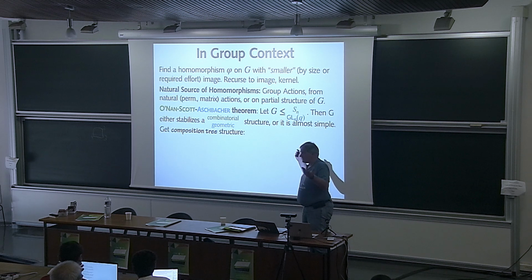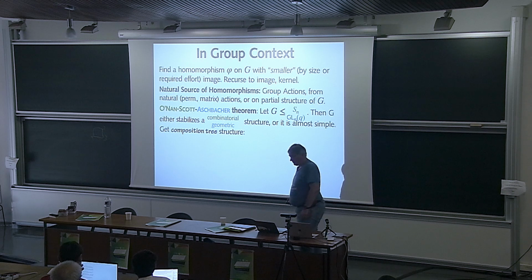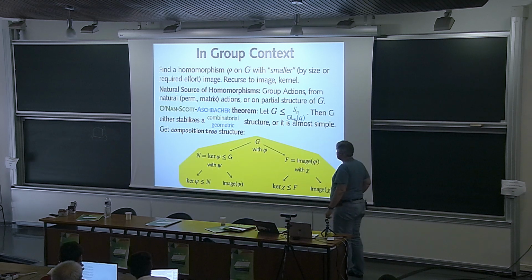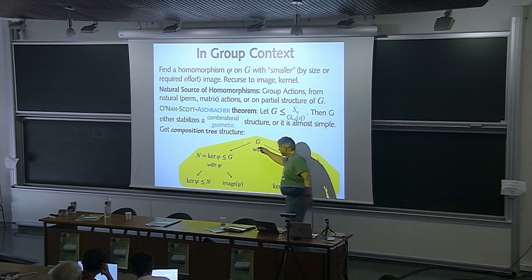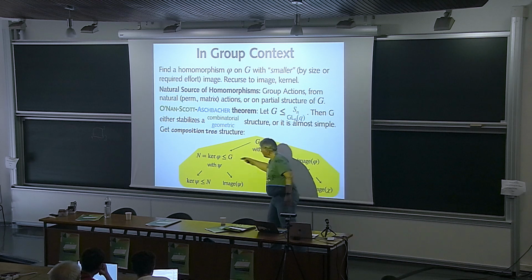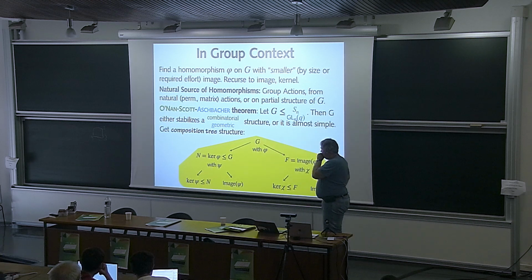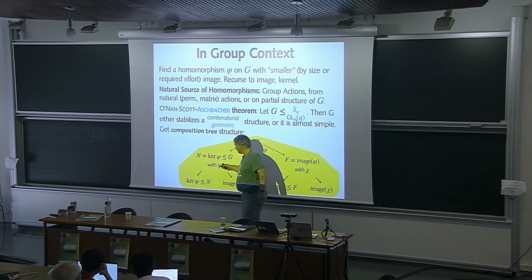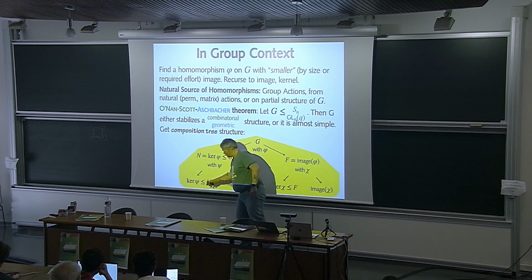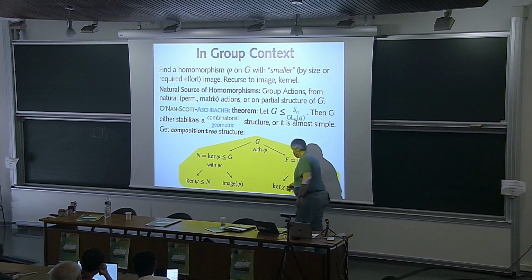Yeah, and that's exactly this splitting process. And what I get is I end up with such a tree structure. I start with a group, I get a homomorphism, I recurse to kernel and image, and then I do the same here. For the kernel, I get some homomorphism, which has again a kernel and an image, and so on.